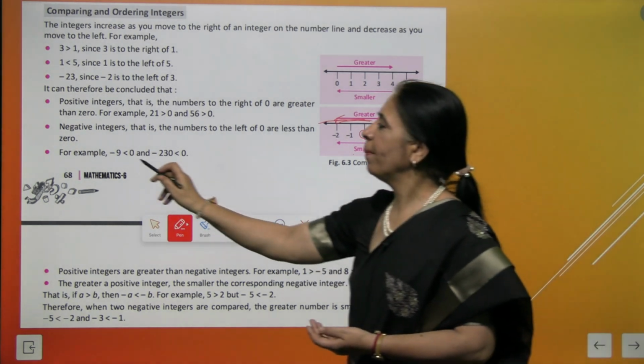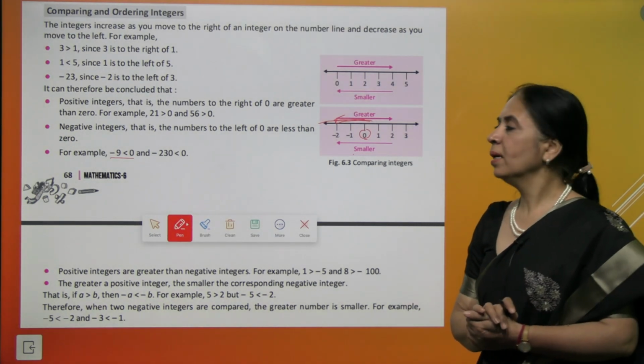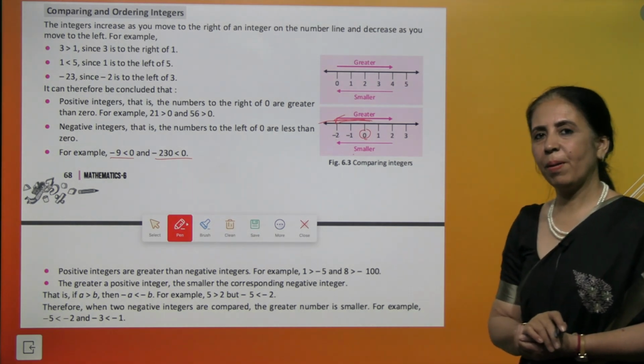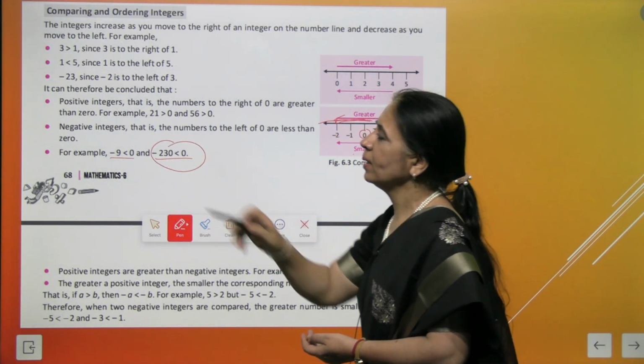Right? Here we have compared -9 and 0. So -9 is smaller. If I compare -230 and 0, every time the negative number is smaller than 0. So -230 is smaller than 0.